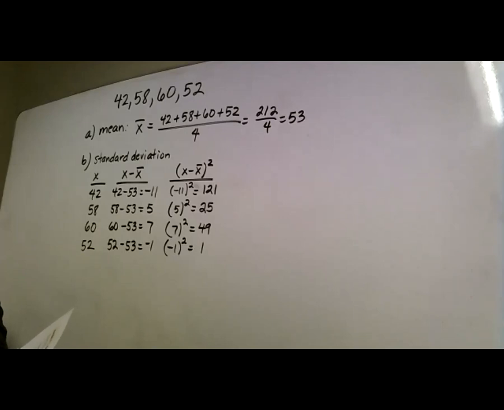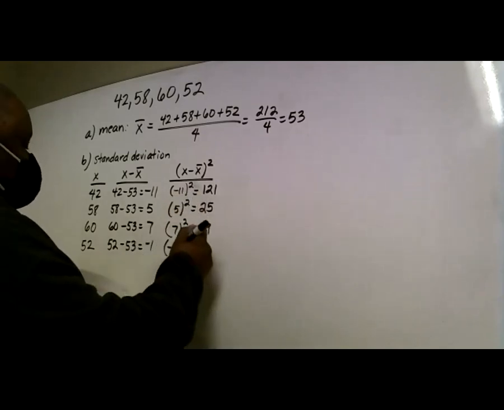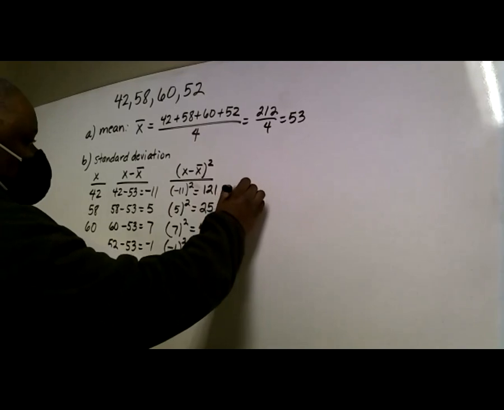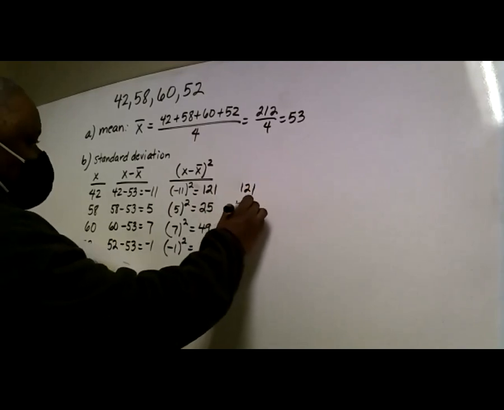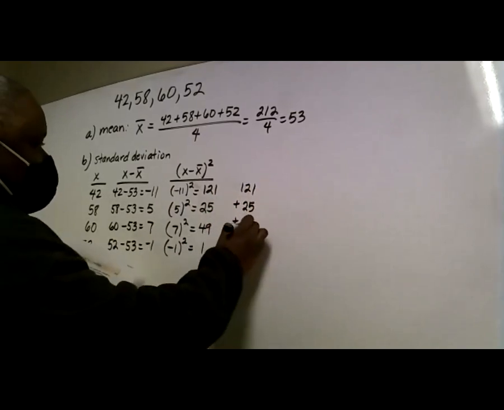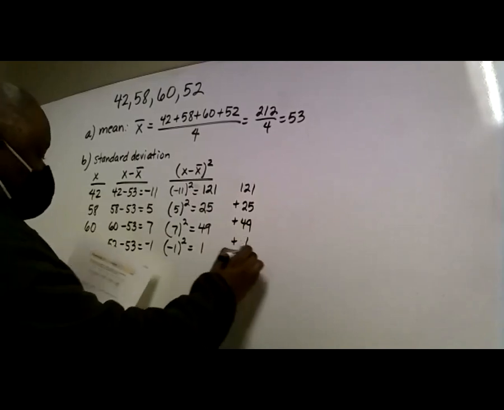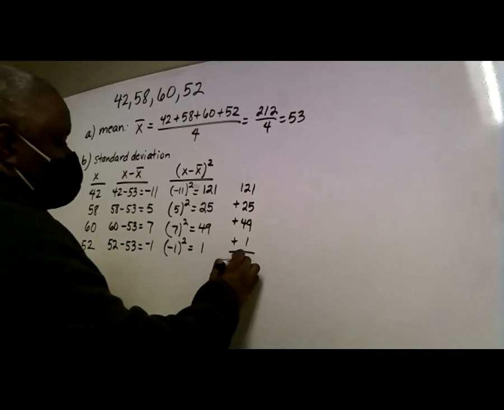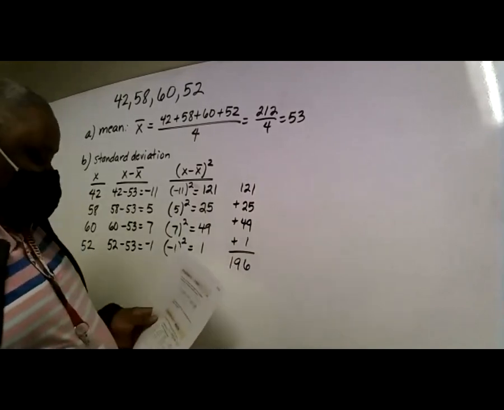And then next would be to take the sum of these. So this is 121 plus 25 plus 49 plus 1, which is 196.